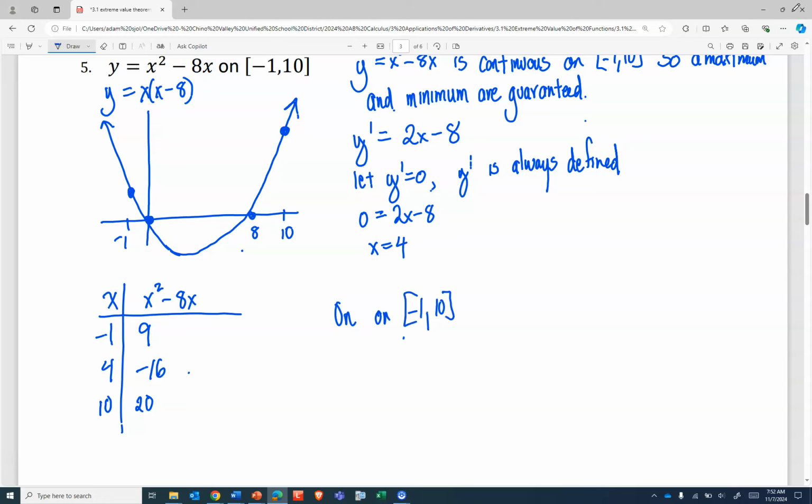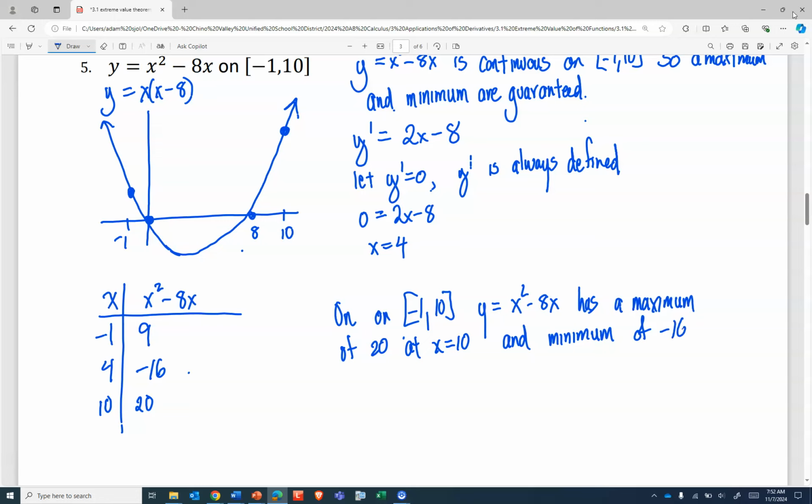On negative 1 to 10, y equals x squared minus 8x has a maximum of 20 at x equals 10 and a minimum of negative 16 at x equals 4.